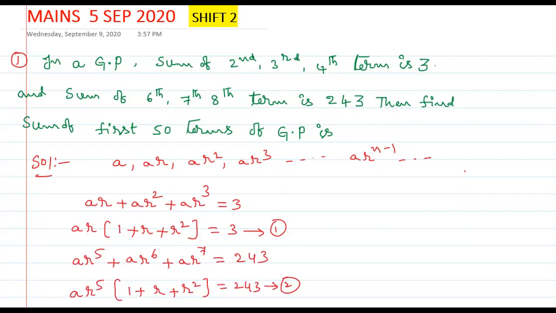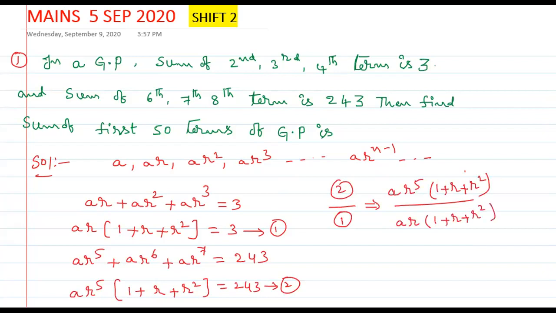Now divide the second by the first. What happens? See, the second one, A into R power 5, 1 plus R plus R square, divided by AR into 1 plus R plus R square, that is equal to 243 divided by 3.